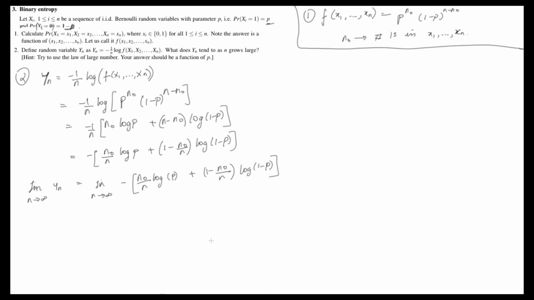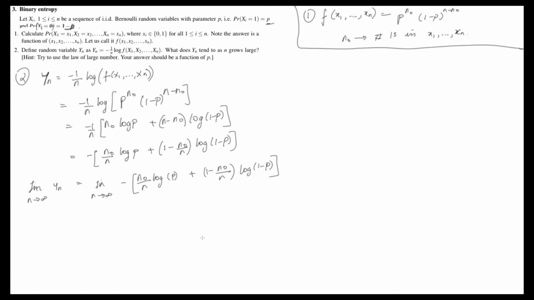So we see that it's a binomial distribution, because we have n IID random variables, and n_1 is the number of heads or number of ones, and n is the total number of tosses. By the law of large numbers, can you say anything about what n_1 over n goes to? Well, n_1 over n represents the fraction of ones as n tends to infinity.